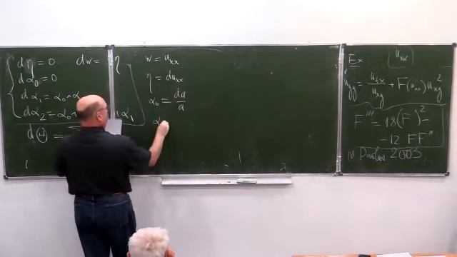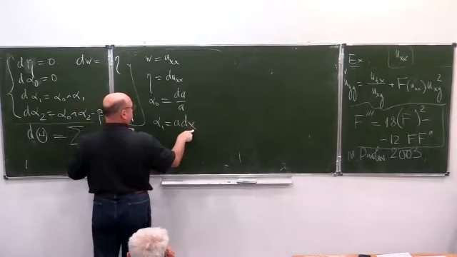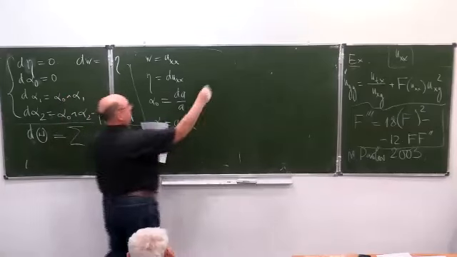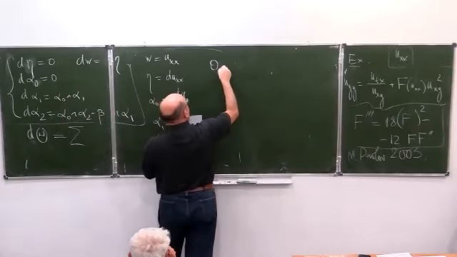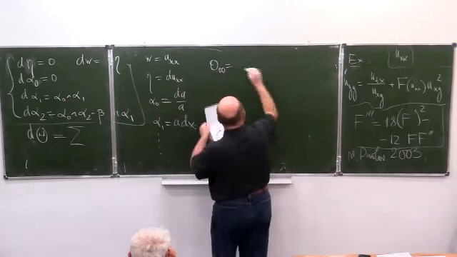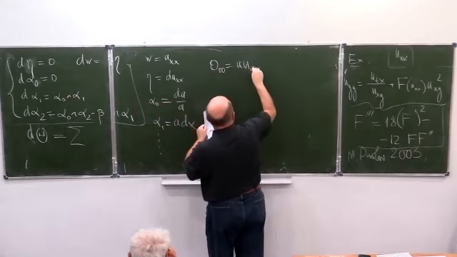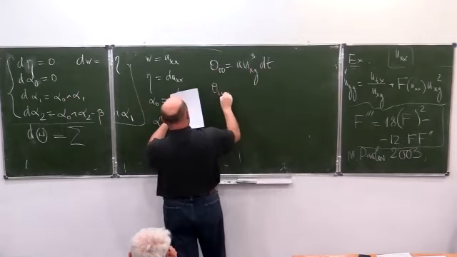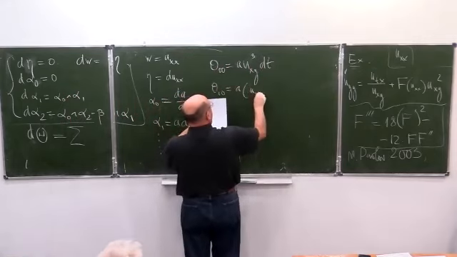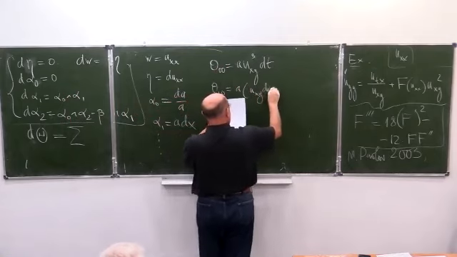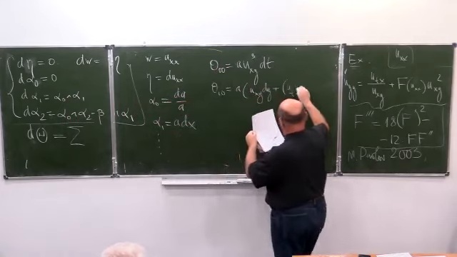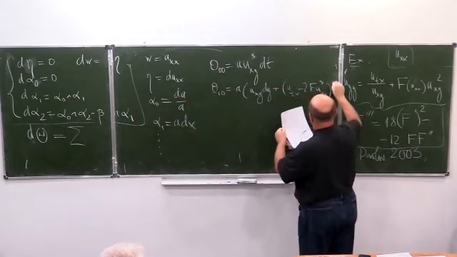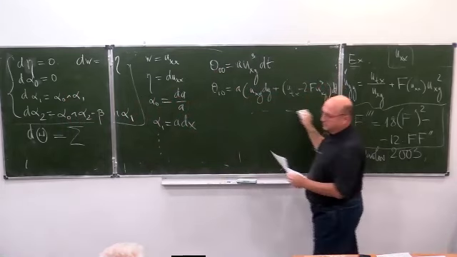Alpha 1 is a dx and so on, the basic horizontal forms dt, and so on, a uxy dy plus utx minus 2 gt and so on.